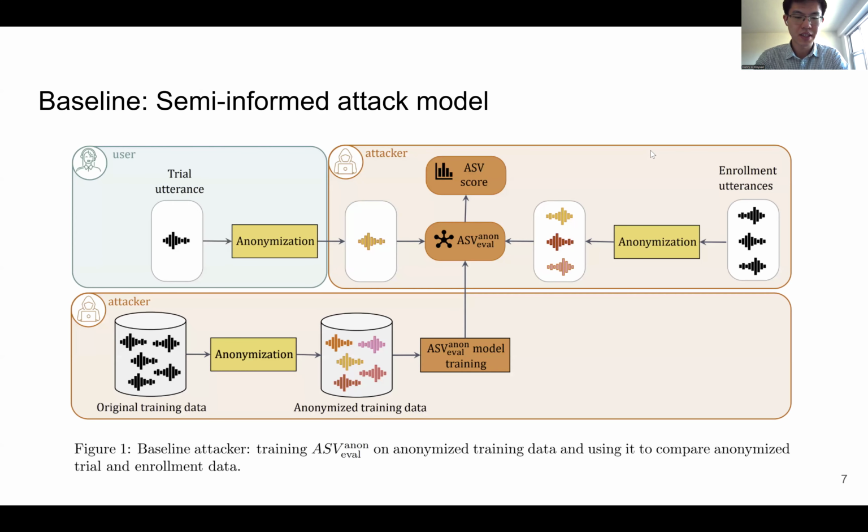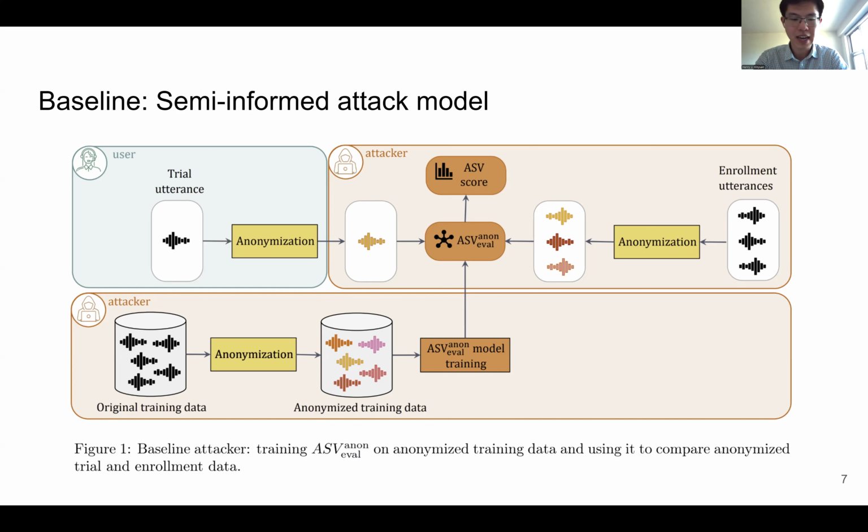The baseline de-anonymization system in the attacker challenge was the same one that was being used for the evaluation in the voice privacy challenge. In this setup, a speaker verification or ASV system is trained on utterances that have been anonymized using the targeted anonymization system. As the ASV system has access to anonymized data, but not the anonymization system itself, the organizers of the voice privacy challenge dubbed it the semi-informed attacker.